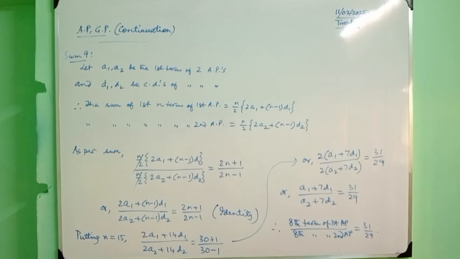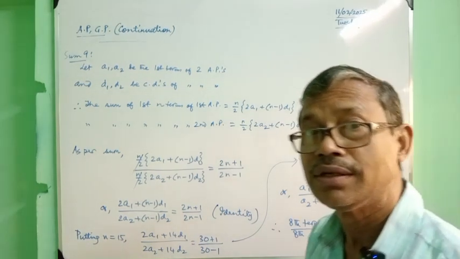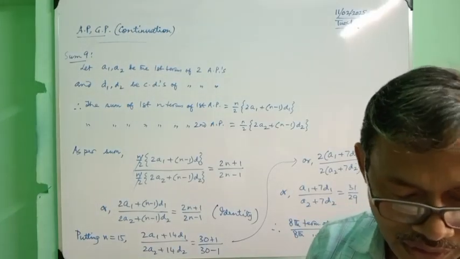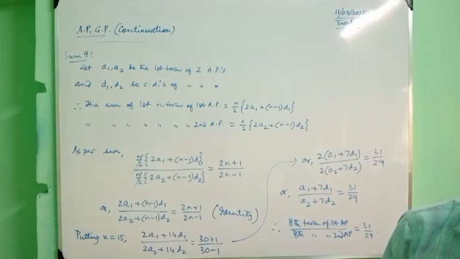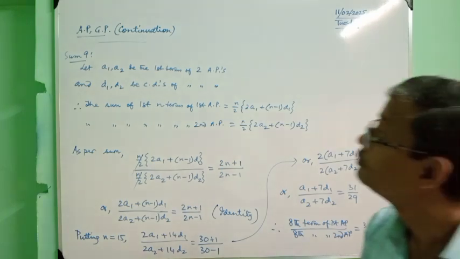Then sum number 10. Given A1, A2, A3, dot dot dot, AN are in AP, we have to prove a given relation.